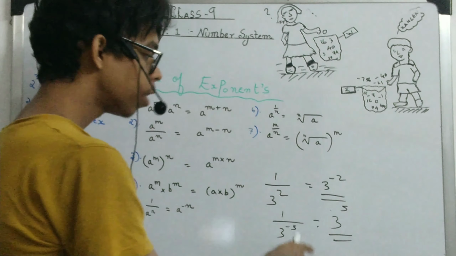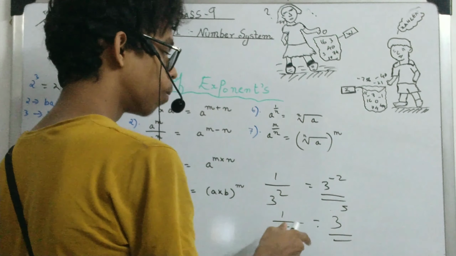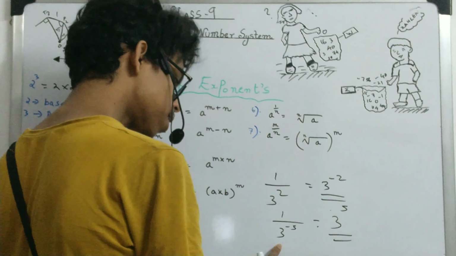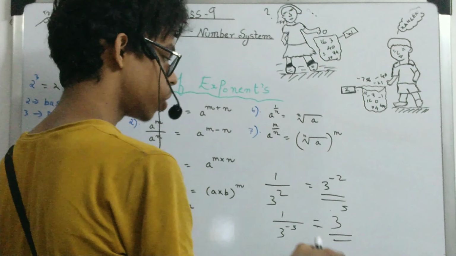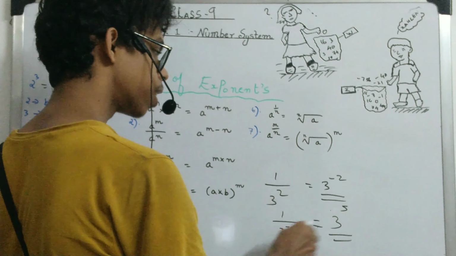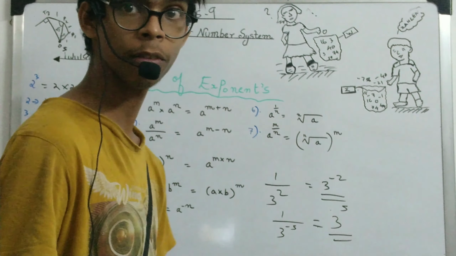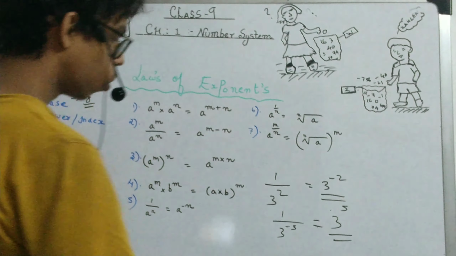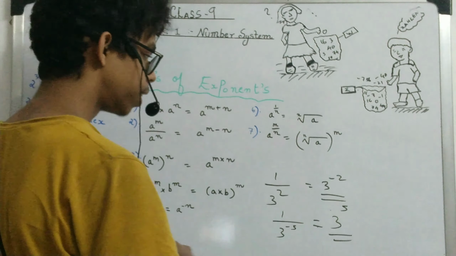So you should remember, whenever something in the denominator goes to the numerator, the base remains the same but the power sign changes. If it is positive, it becomes negative. If it is negative, it becomes positive. That is something which you have to keep in your mind. So that is your fifth identity.